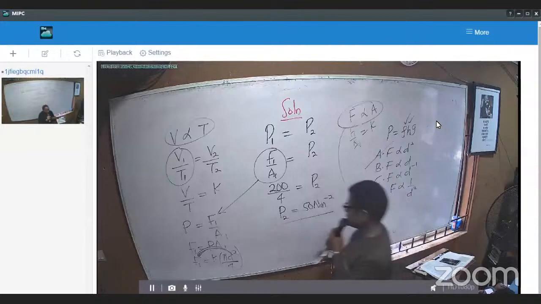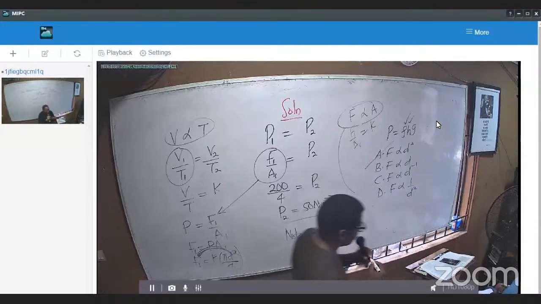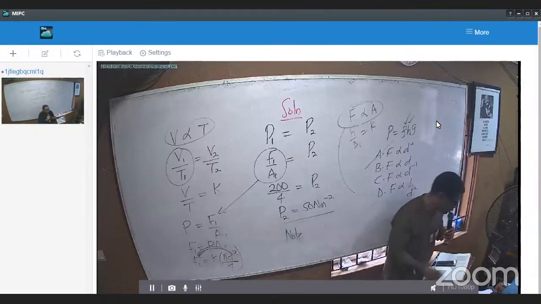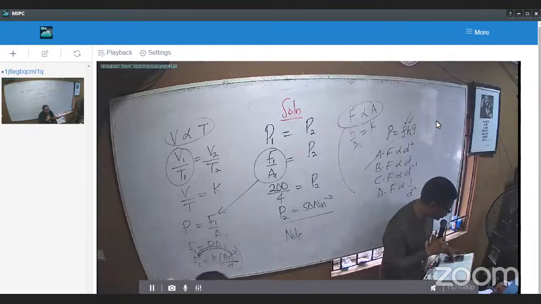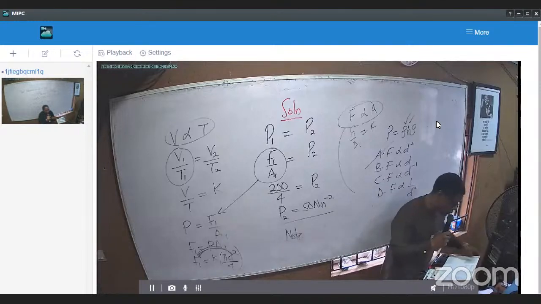So you can write notes. Pascal's law can be expressed as force proportional to area.